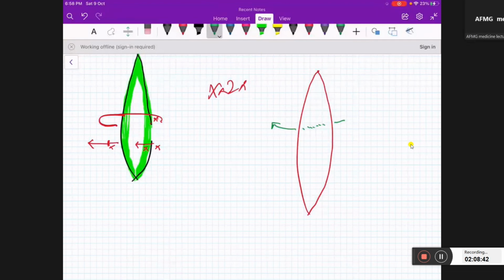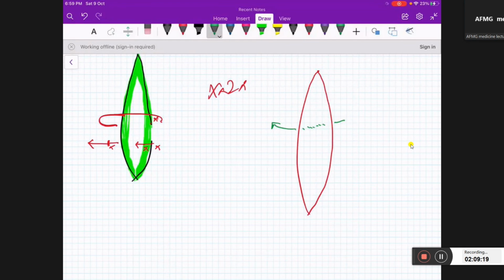These are the two edges. I will insert a needle from out, in. Now the needle is inside, in, out. Now I'll hold the topmost point of this tissue, the edge, out, in. Topmost point, in, out. Understood? This is a vertical mattress.